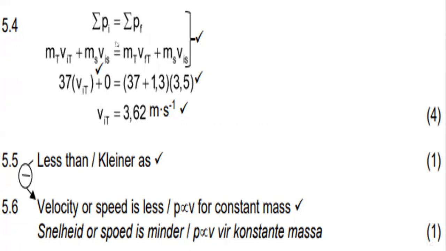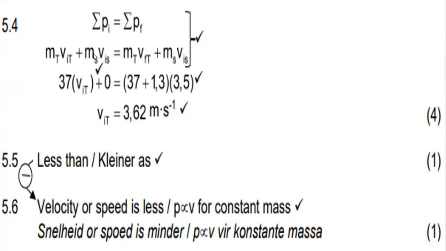Some of you are probably used to P total before is equal to P total after. That is still 100% correct. Then the initial momentum before the collision is the mass multiplied by the velocity, and that is for Thabo, plus the mass multiplied by the velocity, and that is for the skateboard.